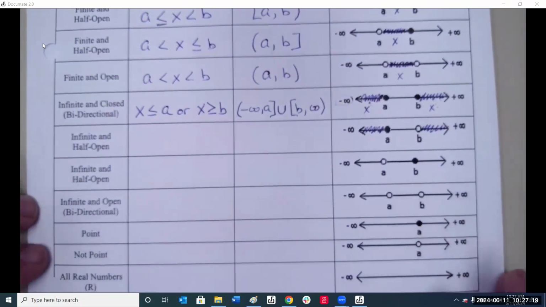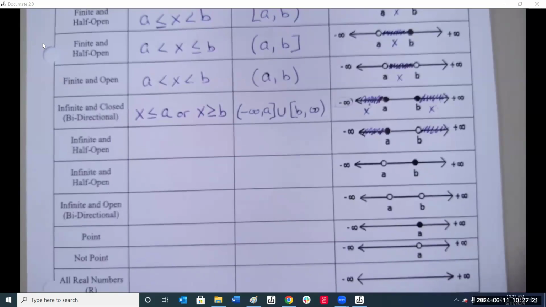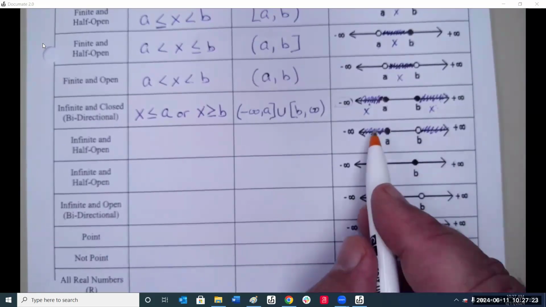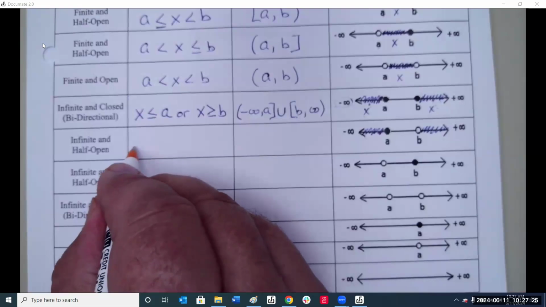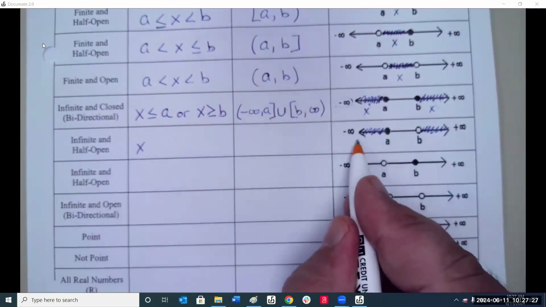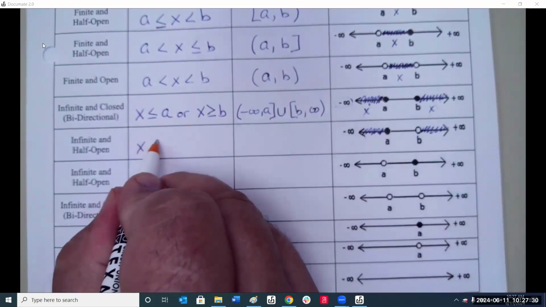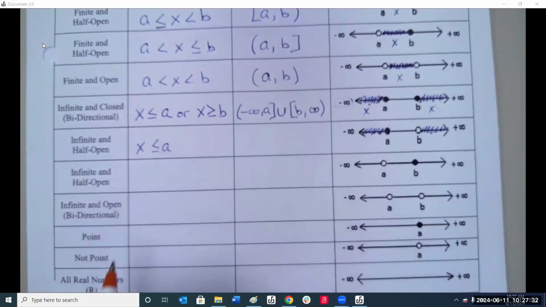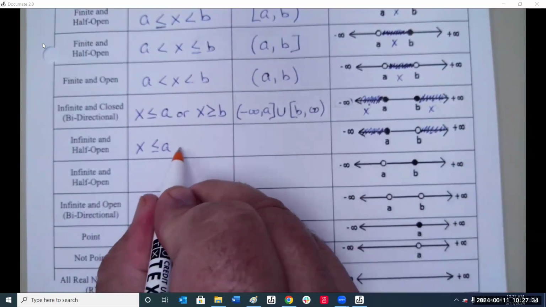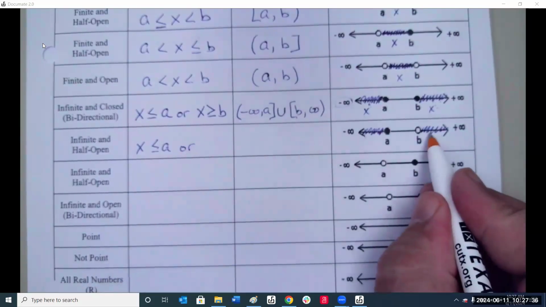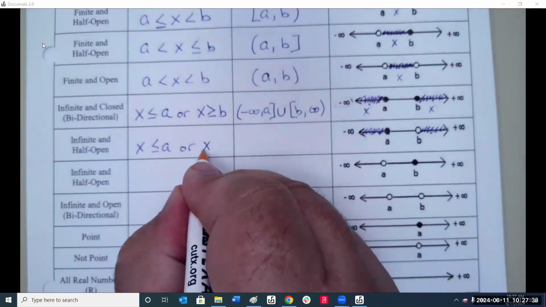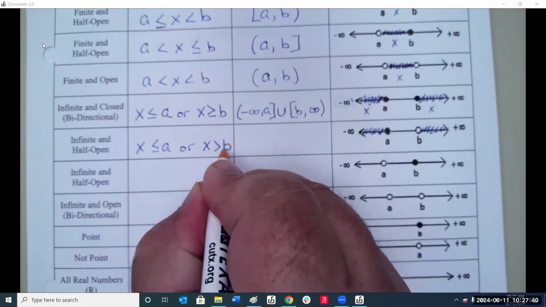Let's look at the next one. Again, the first part says x is less than or equal to a, because it's a solid dot, or x is strictly greater than b.